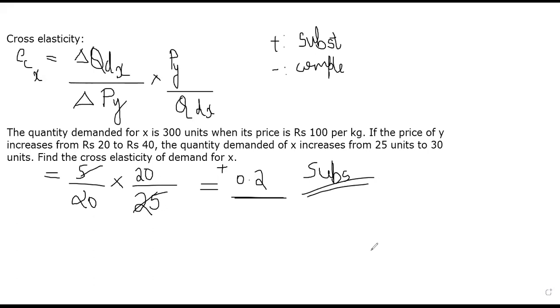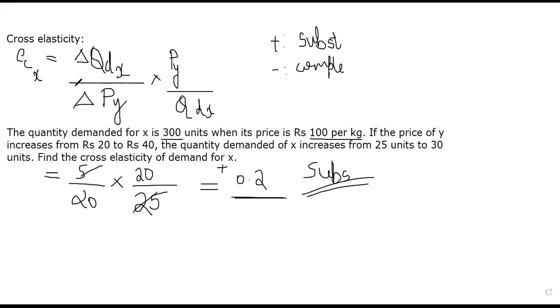Sir, in this question, why did you take demand as 25 instead of 300? Because in the first line you said that demand is 300. Yeah, that is an additional statement given to you just for confusion. Here, at rupees 100 per kg, the quantity of X demanded is 300.